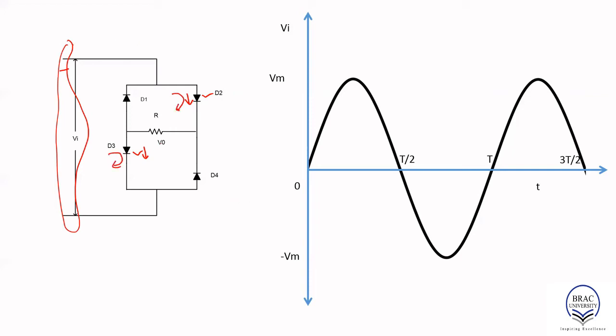So D2 and D3 are oriented in the same, clockwise direction. How about D1 and D4? They are also in the same direction, but opposite to D2 and D3. It's the upward direction, or you can say the anti-clockwise direction. That's the observation we need to make.